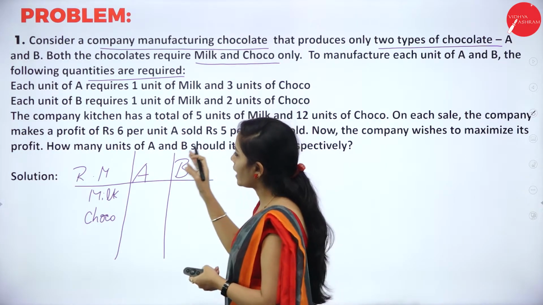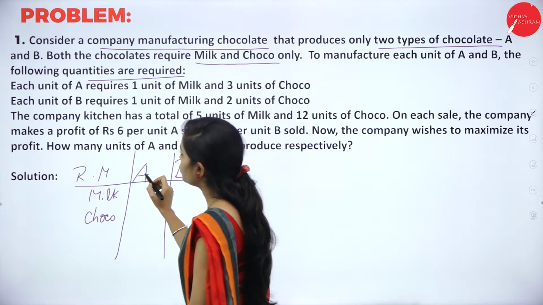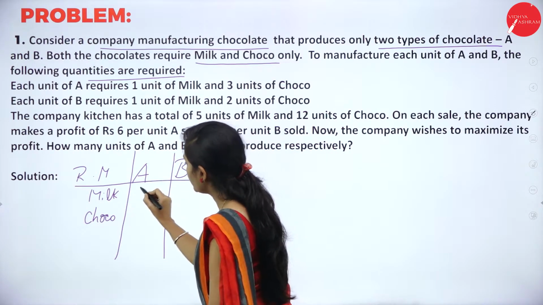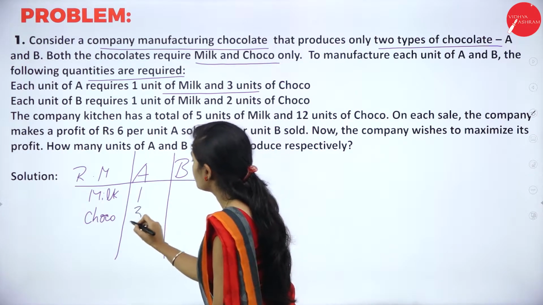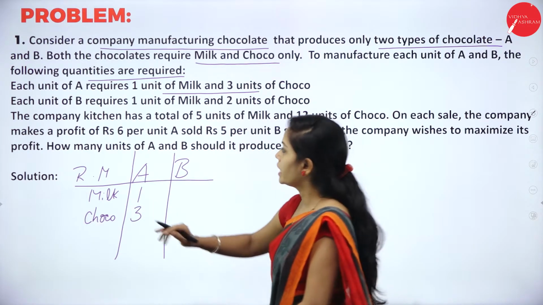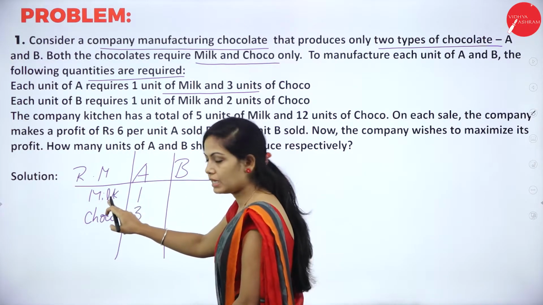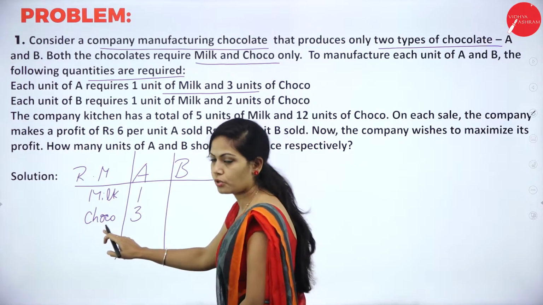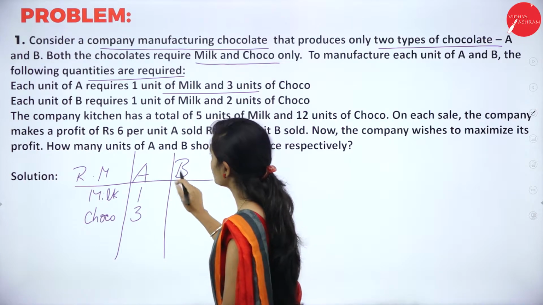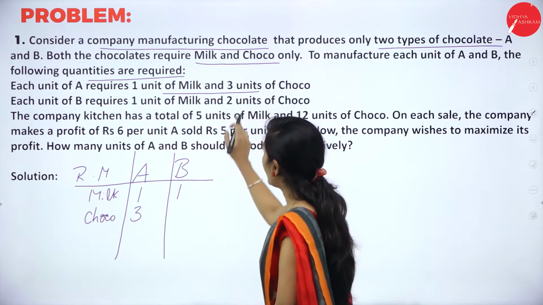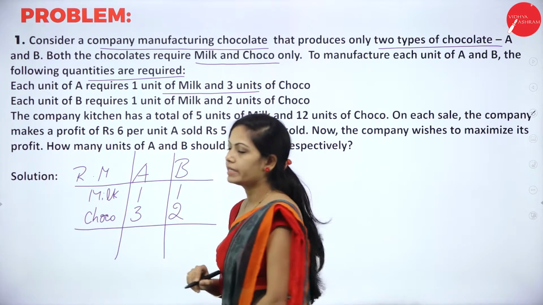Each unit of A requires 1 unit of milk and 3 units of choco. Each unit of B requires 1 unit of milk and 2 units of choco. So, first write the table.